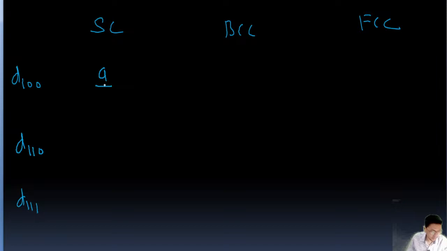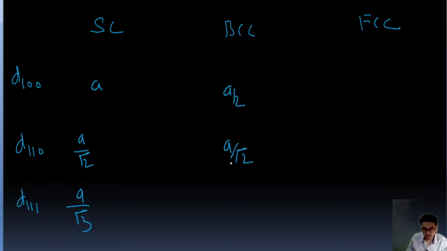For SC it is a, then a upon root 2, then a upon root 3. For BCC it is going to be a by 2, a by root 2 and a by 2 root 3. And for FCC a by 2, a by 2 root 2 and a by 2 root 3.